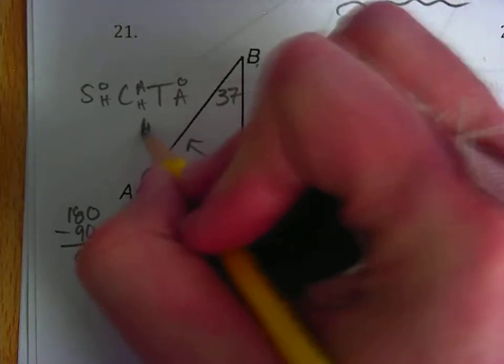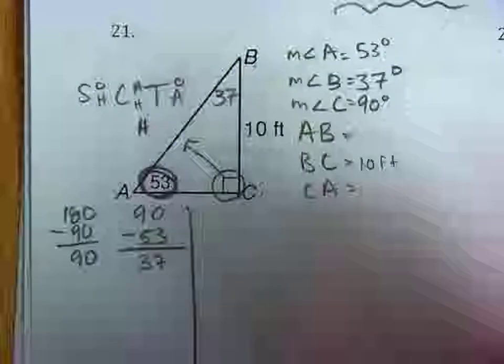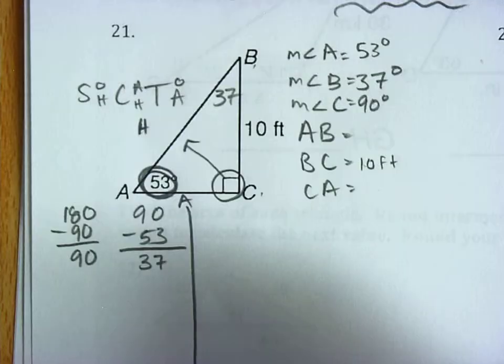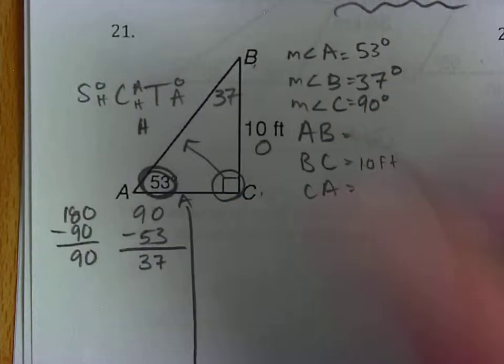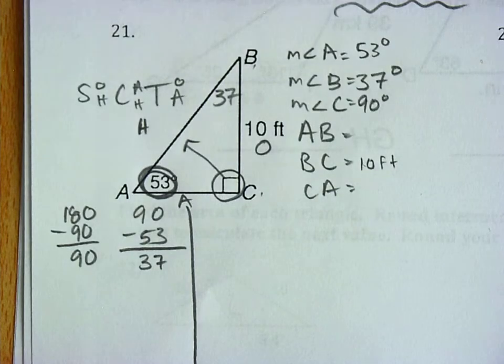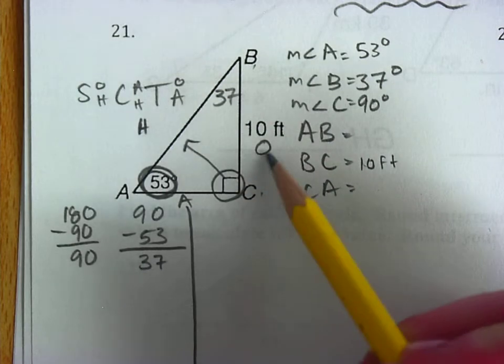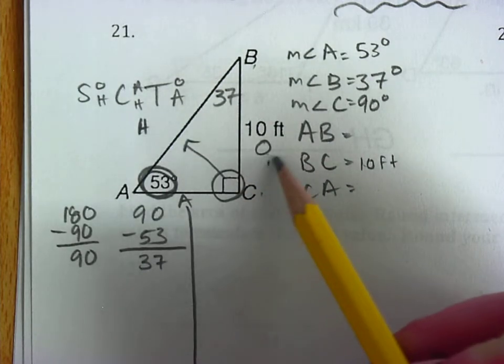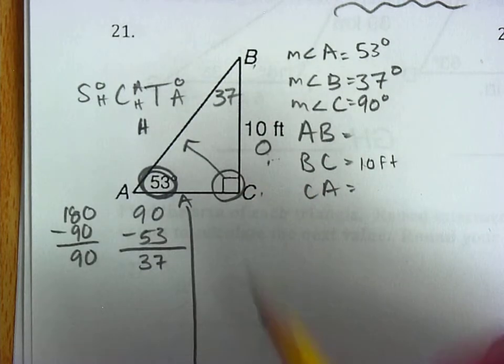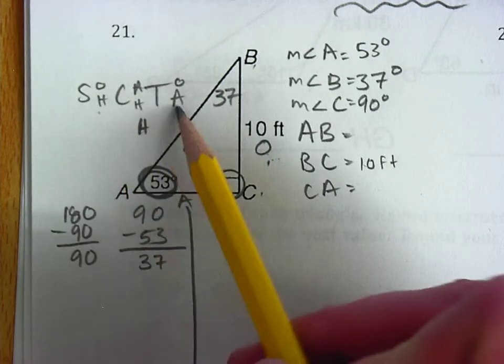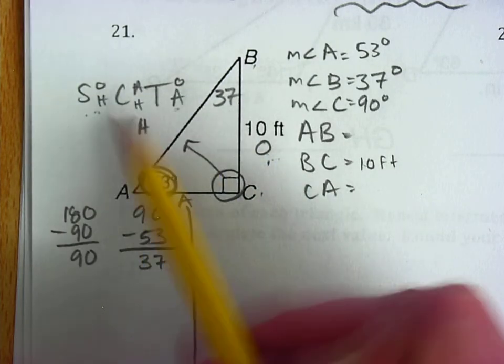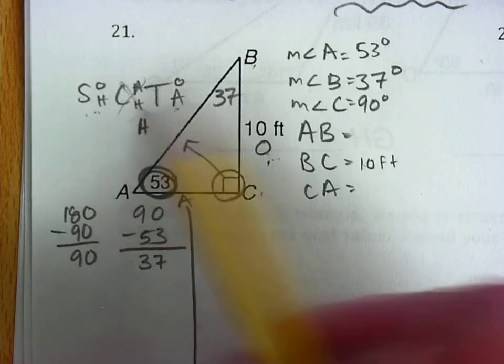This side's the hypotenuse. This side is next to it, so it's adjacent. And this side over here, well, that's opposite. So since they gave me the opposite side, I'm going to use sine and I'm going to use tangent. I'm never going to use cosine.